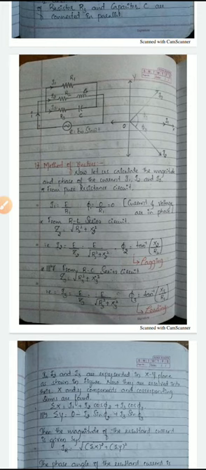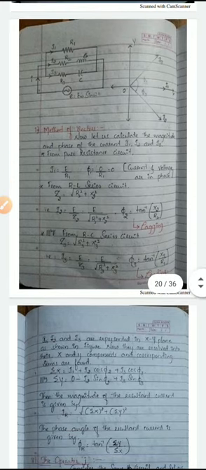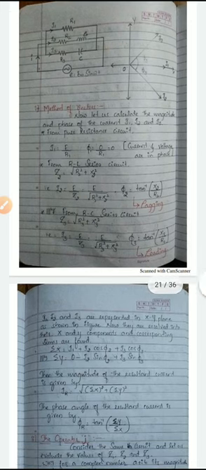We know that all these three branches are connected in parallel across the voltage E, hence the voltage across each branch will be E only, that is E equals Em sin omega t. Therefore current I1, according to Ohm's law, V equals IR or I equals V by R. Here voltage is E and resistance is R1.